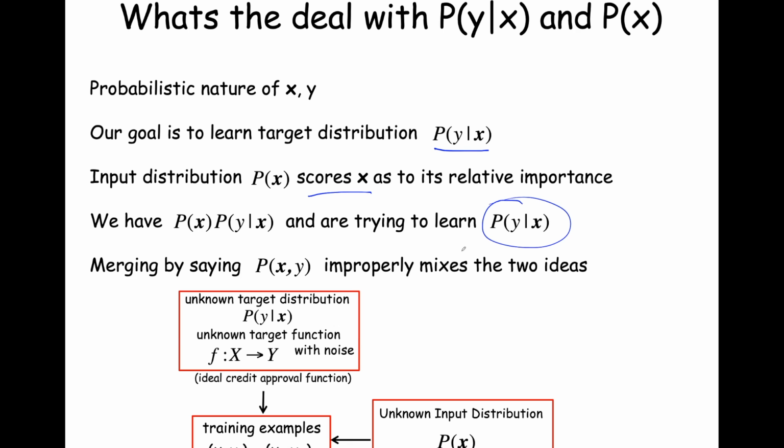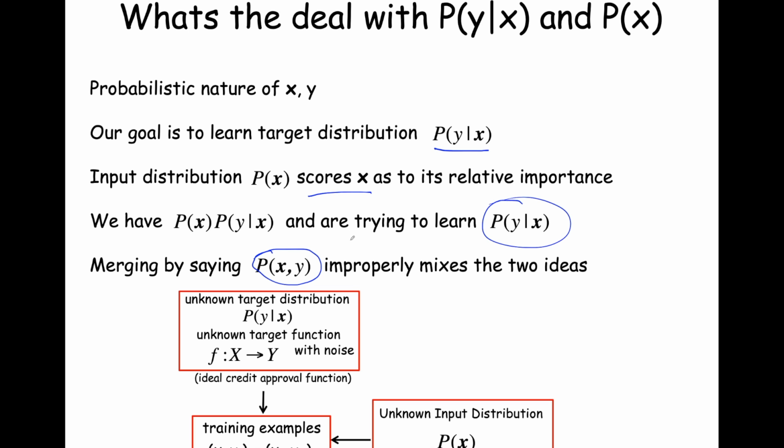Now, when you merge them by saying we're trying to learn the joint distribution P of X comma Y, sometimes in the literature this is called a generative classifier. But this mixing of the two through Bayes' rule and the definition of conditional probability improperly mixes the two ideas. The two ideas are, separately, the importance of the feature vector and the noisy target function.